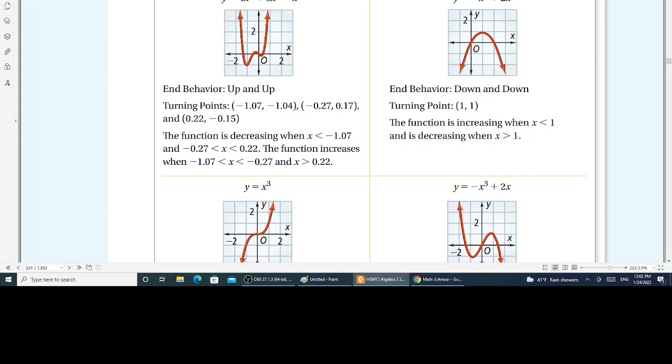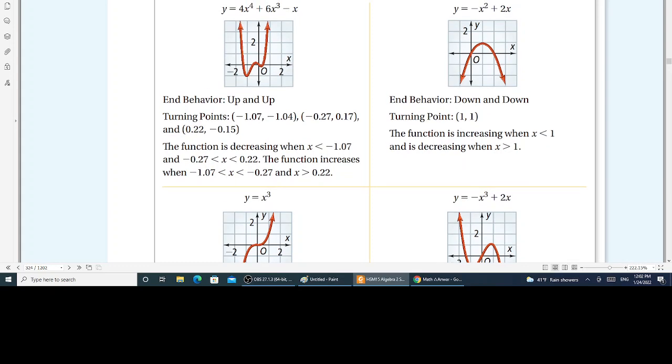And the function increases when x is between negative 1.07 and negative 0.27, and when x is greater than 0.22. Here the function decreases, increases, decreases, increases.